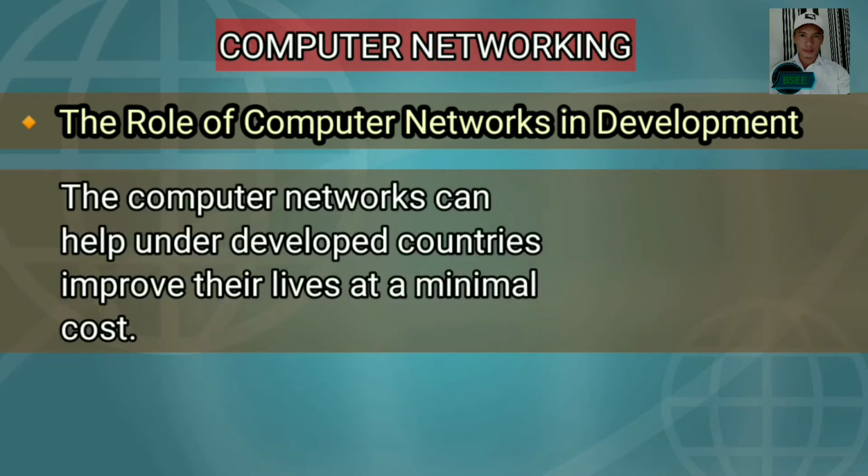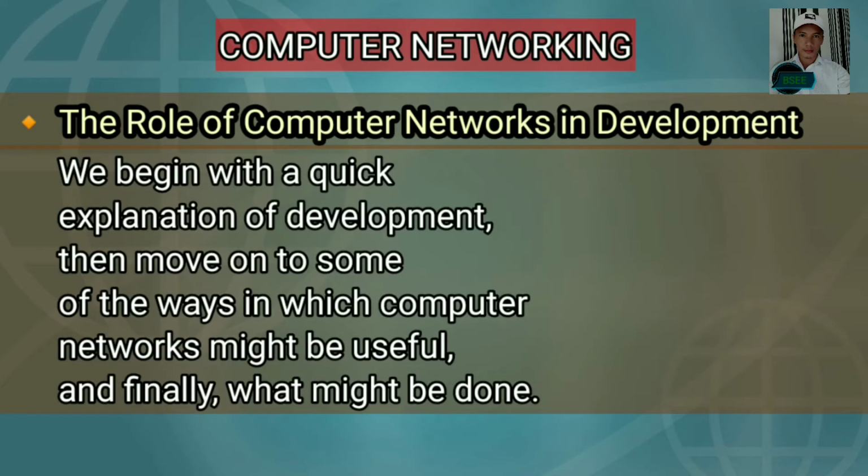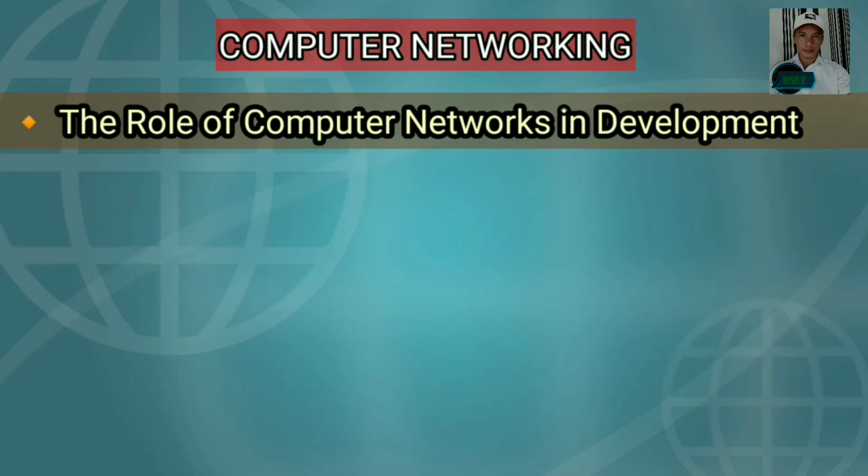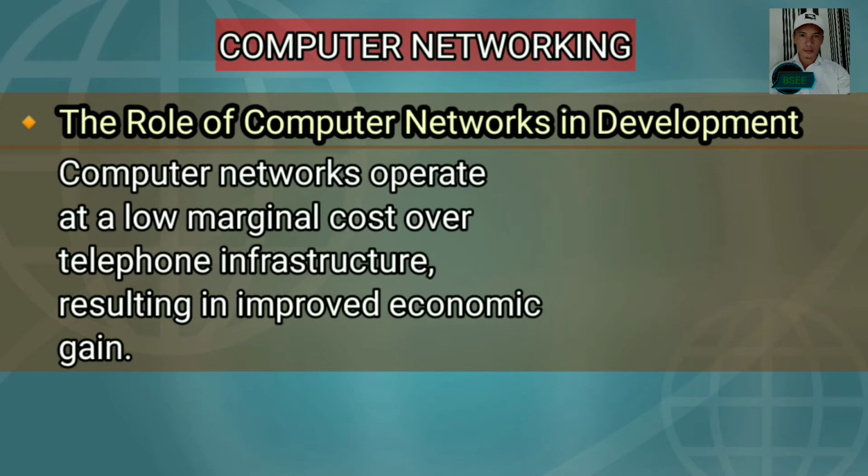Computer networks can help underdeveloped countries improve their lives at a minimal cost. We begin with a quick explanation of development, then move on to some of the ways in which computer networks might be useful, and finally, what might be done. Computer networks operate at a low marginal cost over telephone infrastructure, resulting in improved economic gain.